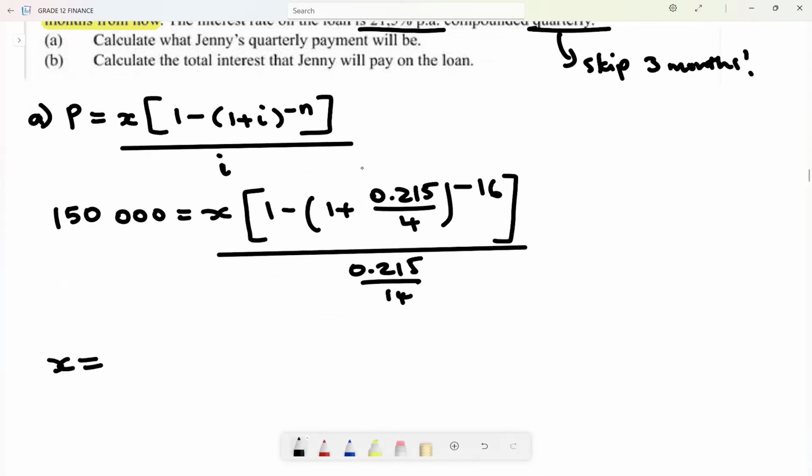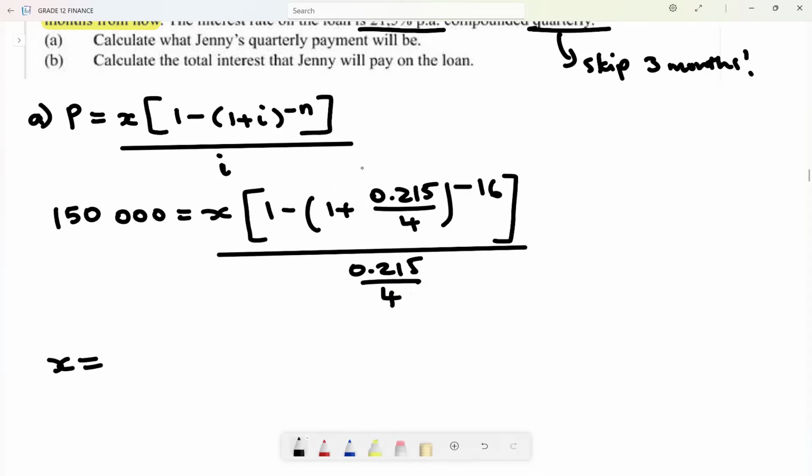So when you calculate X there, in actual fact, I get something like 150,000 divided by that bunch, which is 1 minus 1 plus 0.215 divided by 4 to the power of negative 16. Very, very important. If I missed that negative, I'm out. 0.215 divided by 4. Did I say 14 there? It's actually 4.